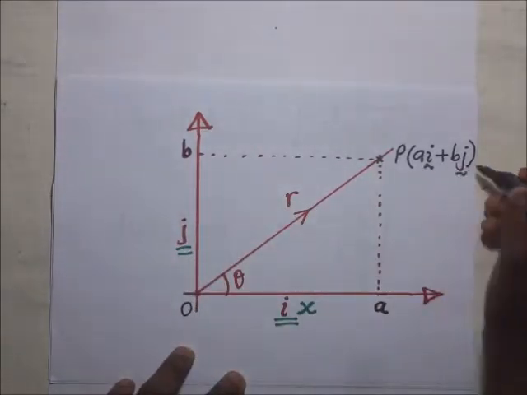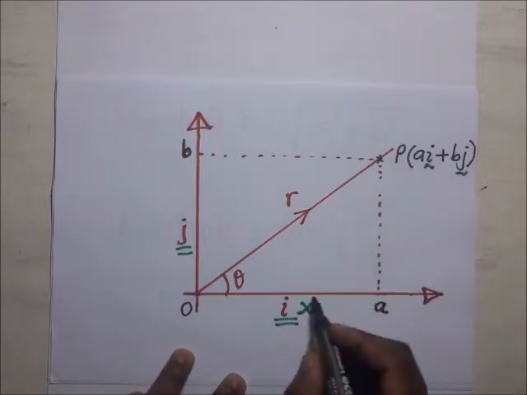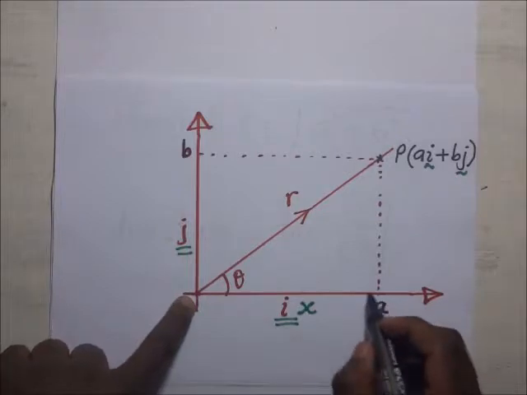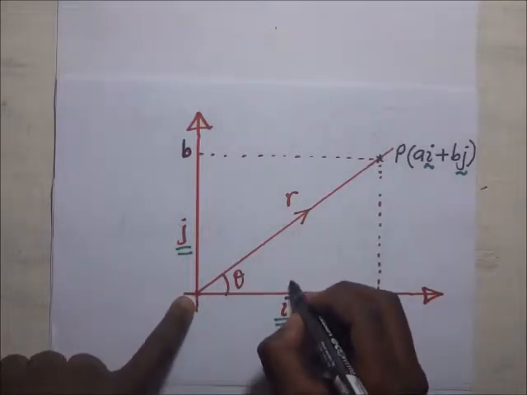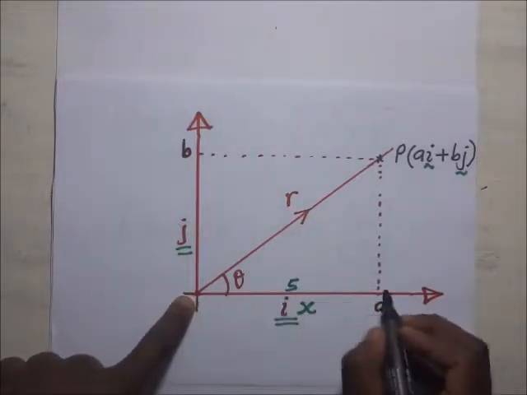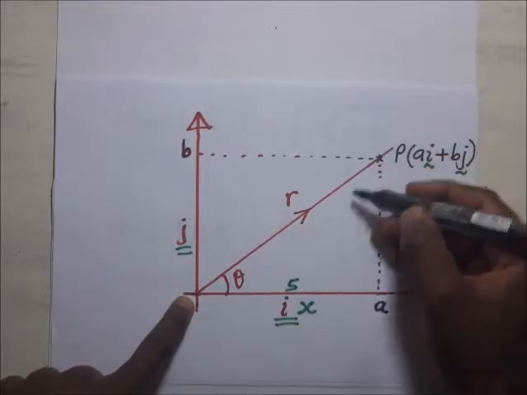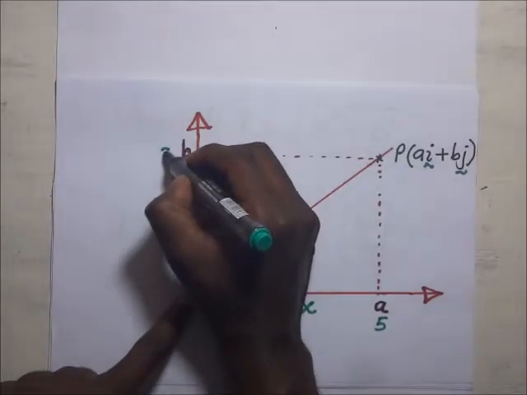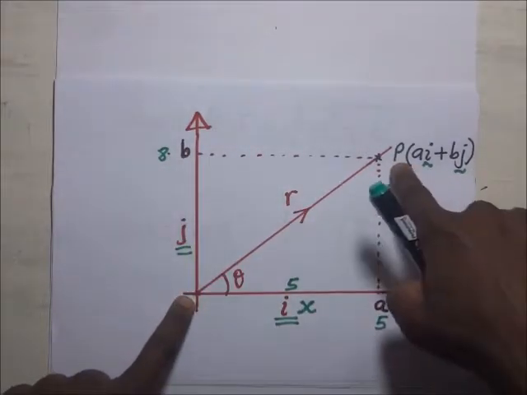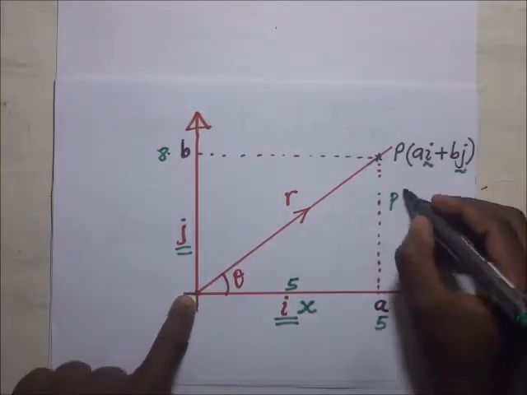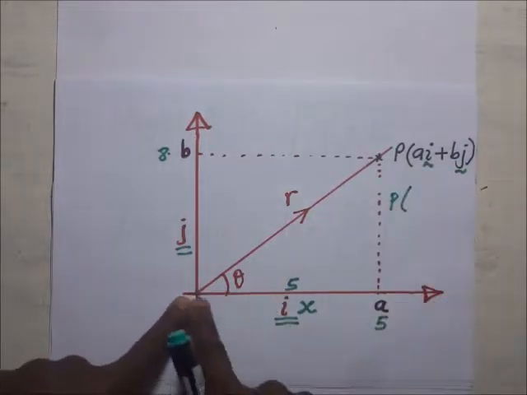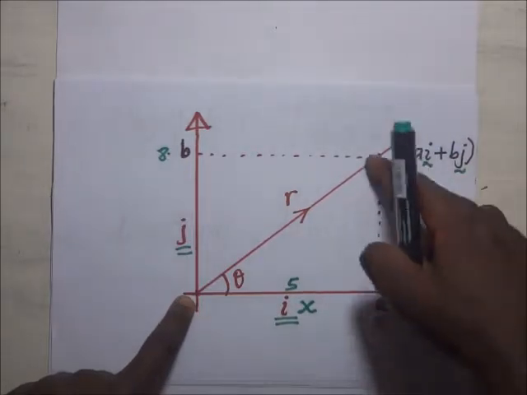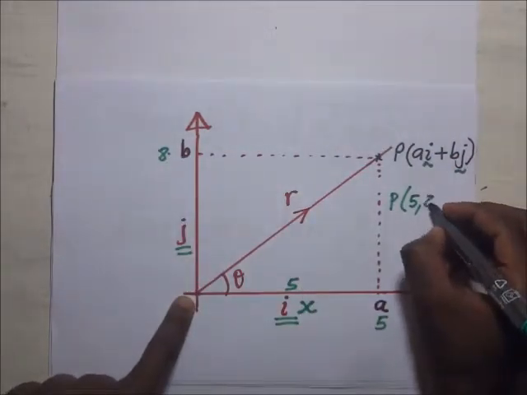So if, let's say, from O to A it was 5 units, and from here to here it was 8, the coordinates of P from the origin will be (5, 8).